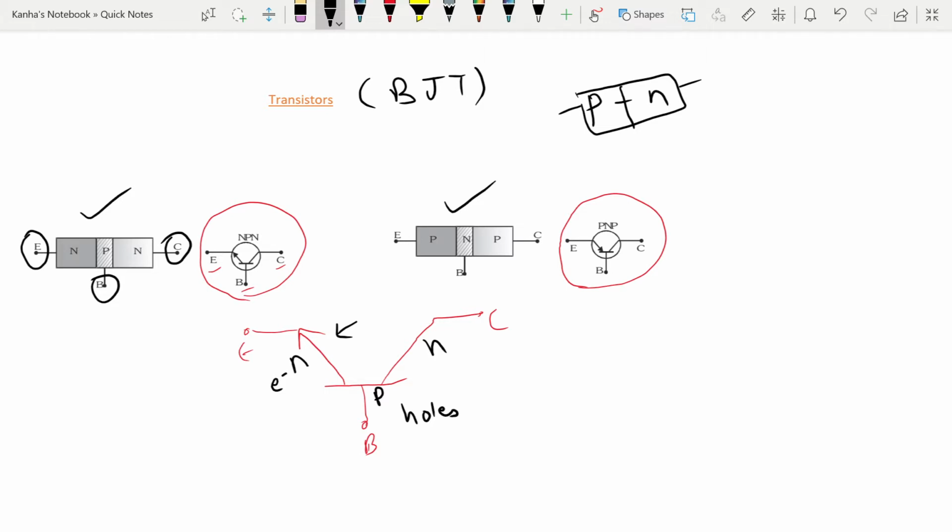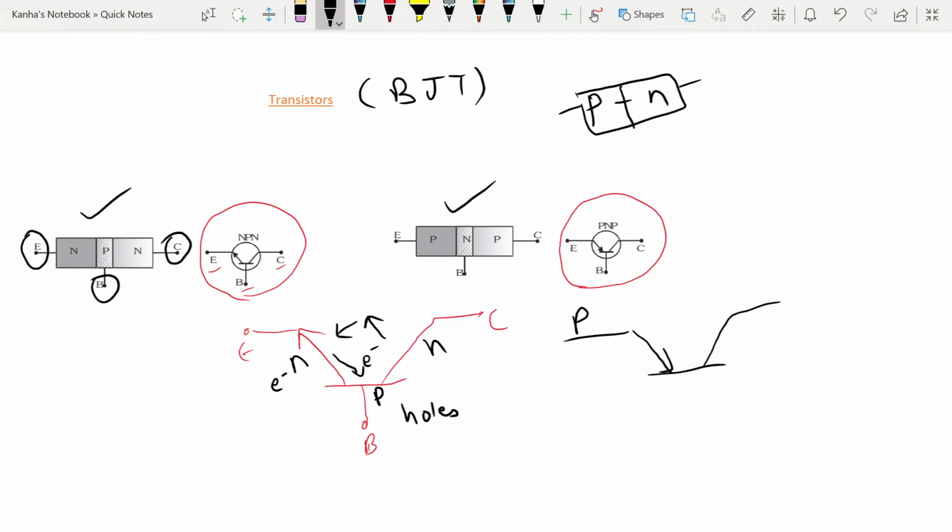Now the emitter is supposed to provide the charge carriers for the flow of the current, right? So because N and P are there, this will pump in electrons, and because electrons are going in, the direction of current is out. When I draw the same thing for the case of PNP, this arrow tells me the direction of the current again.